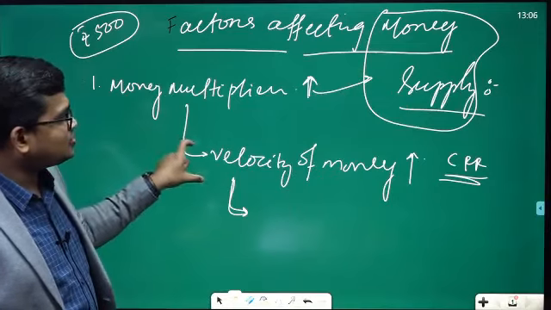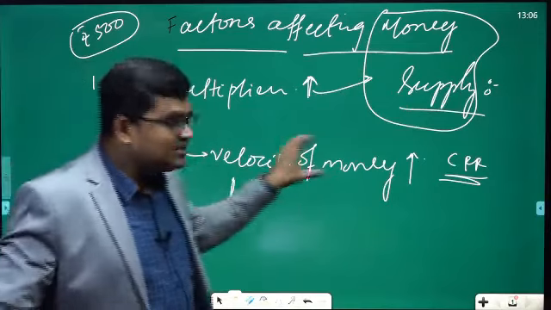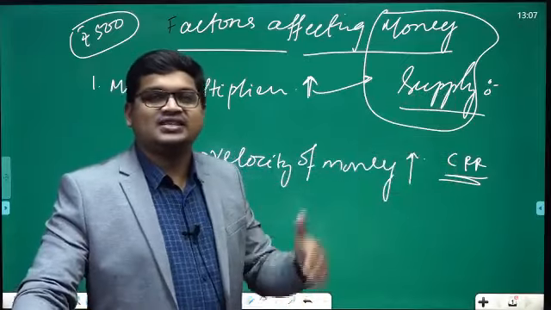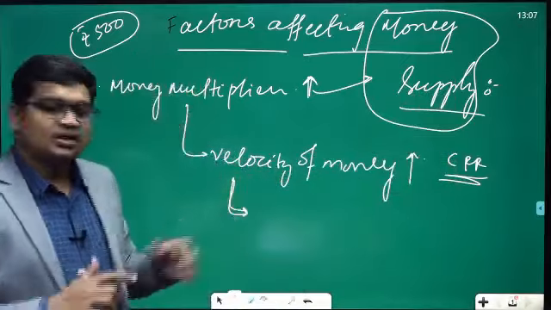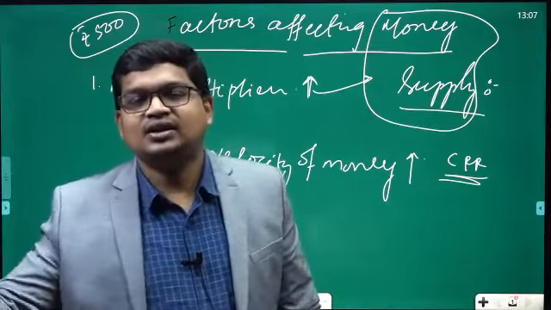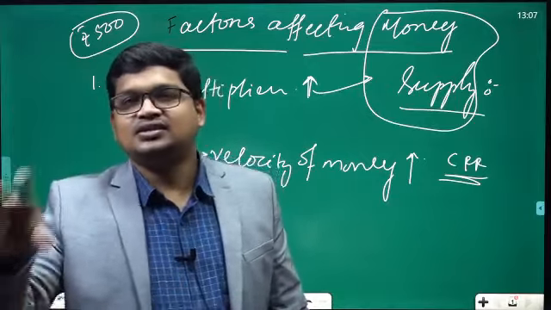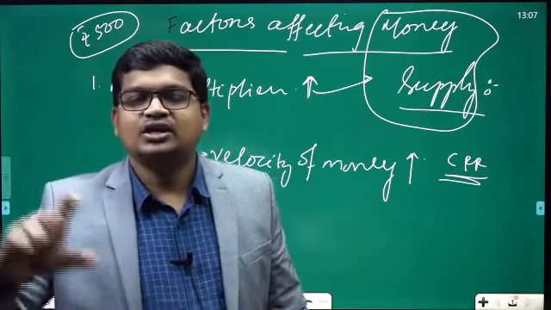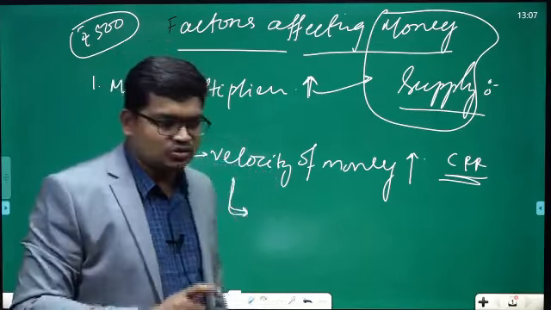If any such question comes, increase in velocity of money leads to increase in money supply, yes, again this statement is correct, because the money is changing hands from one to another. In that manner, money circulation in the economy is also increasing, so the money supply in the economy also increases.